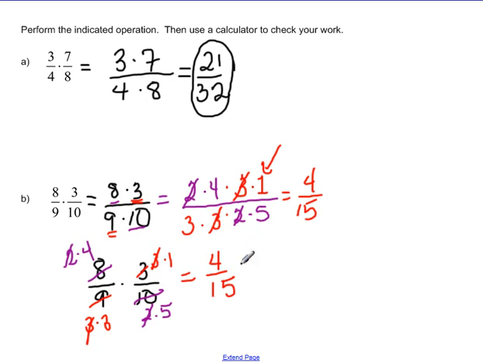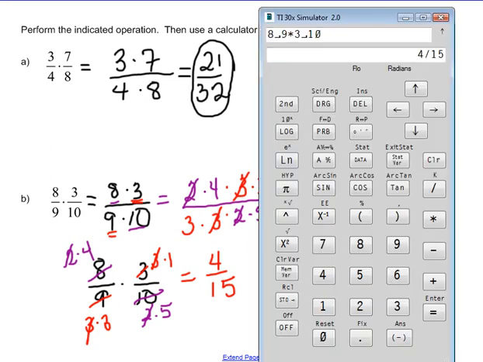Now we can use our calculator to double check our work using the fraction key on the calculator. So if we pull our calculator up here, our first problem, 3/4, so remember we do 3, fraction key 4, and then we multiply that by 7, fraction key 8, and we get the answer 21/32, just like we did when we worked it by hand.